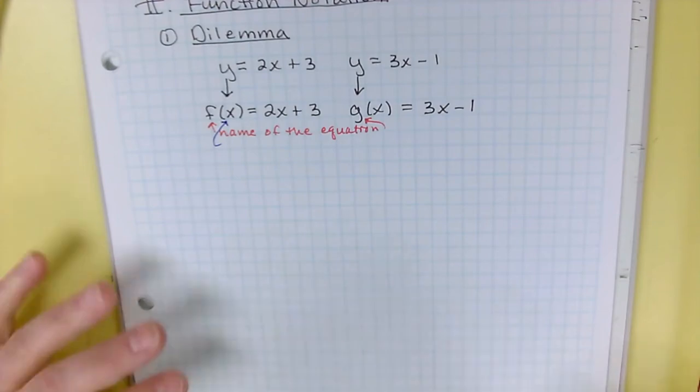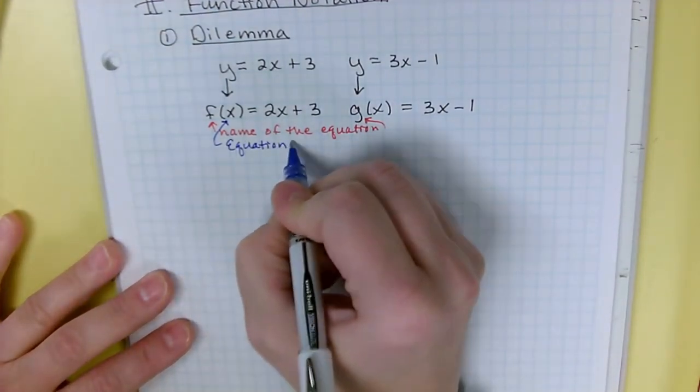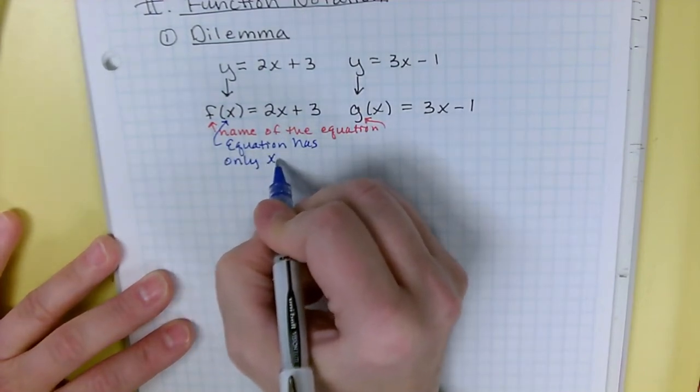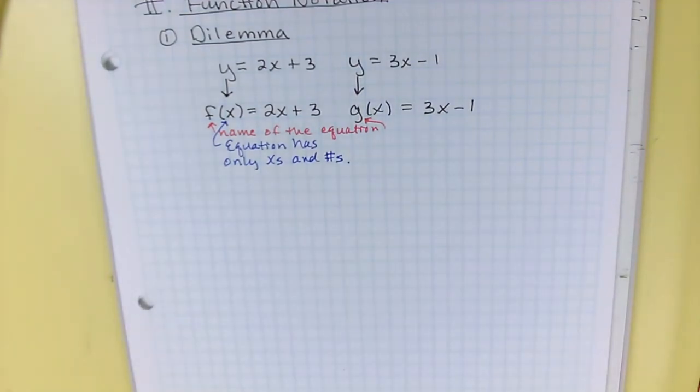The x in the parentheses says that the equation has only x's and numbers. There are no other letters. So the letter in the parentheses tells you what the variable is in the equation. In this case, it's in terms of x. So you're only going to find x's and numbers. You're not going to find z's or m's or n's. You're just going to find x's.